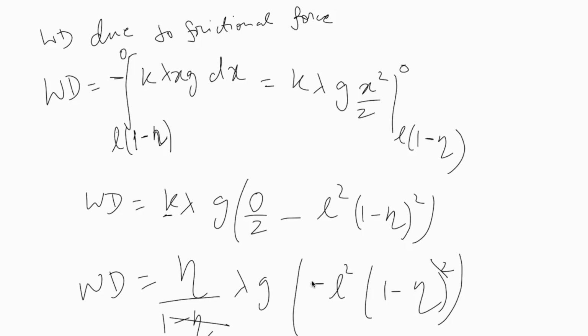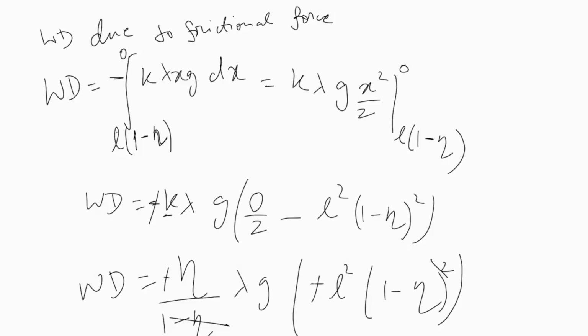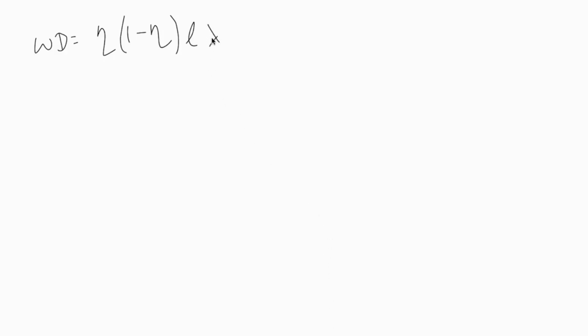Square and square get cancelled out, and already we have a minus sign over here, so this minus and this minus get cancelled out, and this can be further written as work done is equal to eta times (1 minus eta) L. Am I right? L squared lambda g by 2.